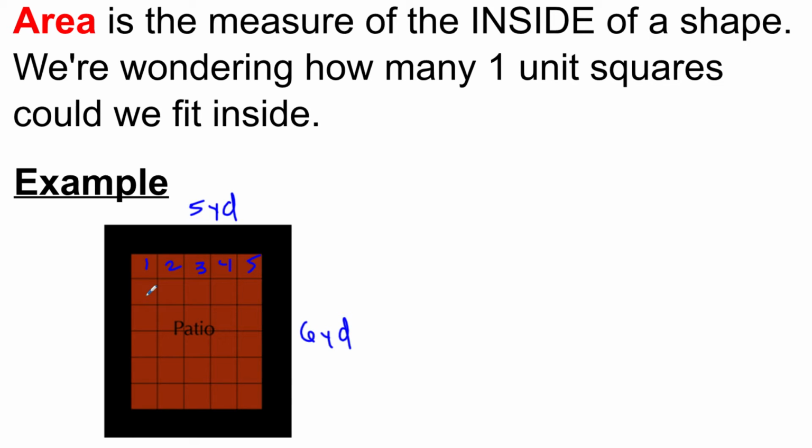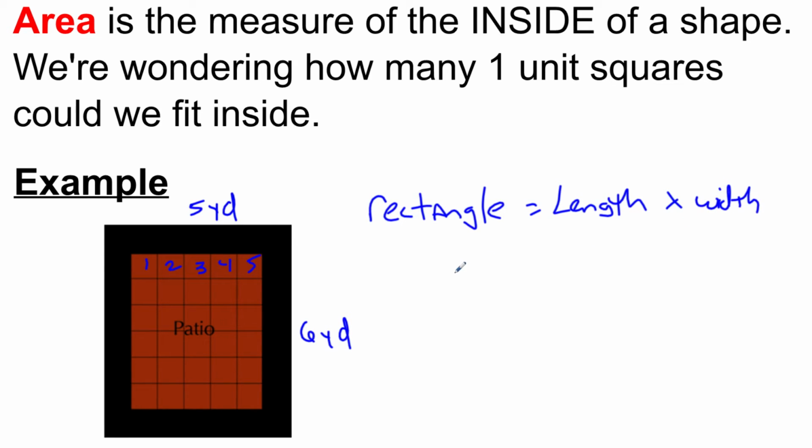Okay? So in this case, the way that we do it for a rectangle, the rectangle formula, which again you should have seen before, is if we multiply together the length times the width, that would give me the area. So in this case, 5 times 6, and that's going to be 30. And so here's the label, right? My label over here is yards.